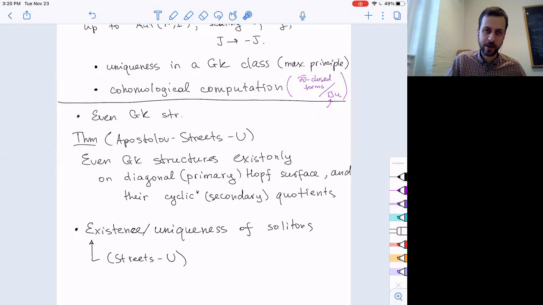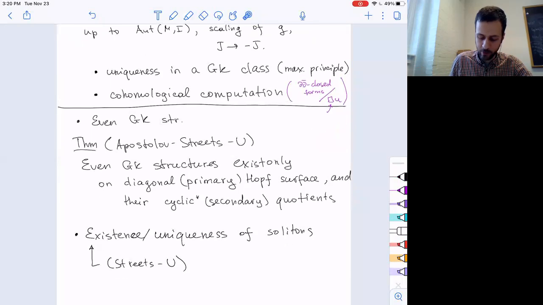Essentially, we didn't care about the second complex structure, and we showed that you can pick the second complex structure to make it either even or odd. So the existence of both even and odd solitons follows from our paper with Jeff. And really, the only remaining part was the uniqueness of solitons on Hopf surfaces.